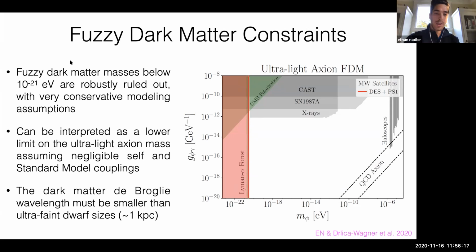It's really key to note here that there's quite a bit of uncertainty in predictions for the subhalo mass function in fuzzy dark matter. Essentially, it's very hard to simulate the evolution of the Schrödinger-Poisson equation. But anyhow, using the most conservative estimate of the fuzzy dark matter subhalo mass function, this is the type of lower limit that you get. And again, this informs particle models like ultralight axions.